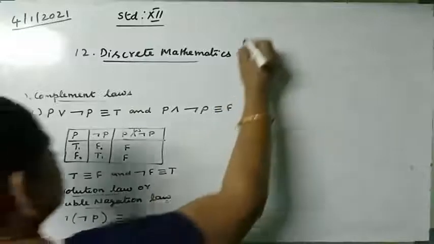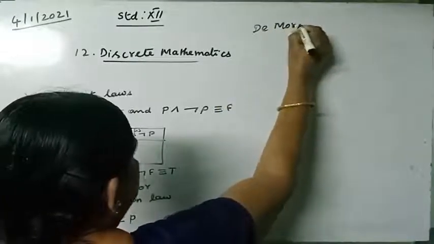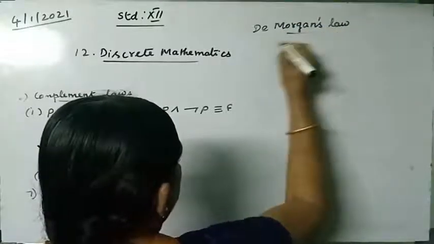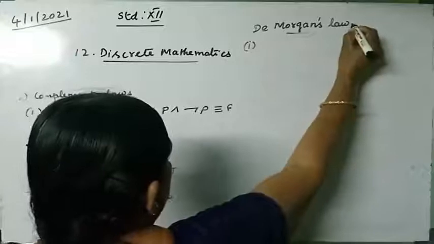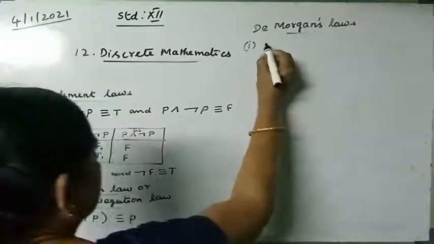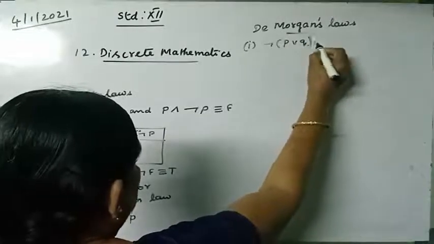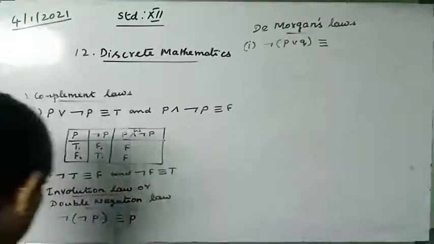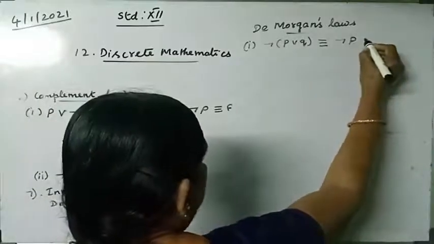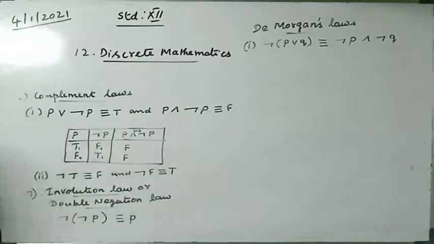Now let us go to De Morgan's law. First one, negation of P or Q, which is equivalent to negation of P and negation of Q. De Morgan's law படிச்சிருப்போம் இல்லையா?